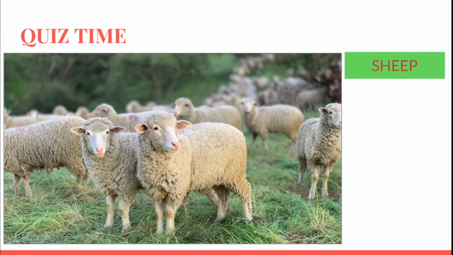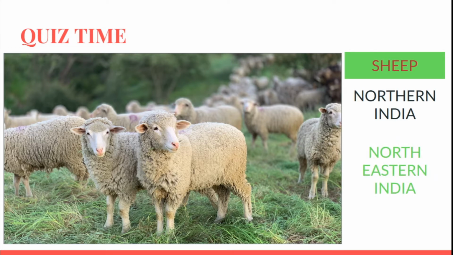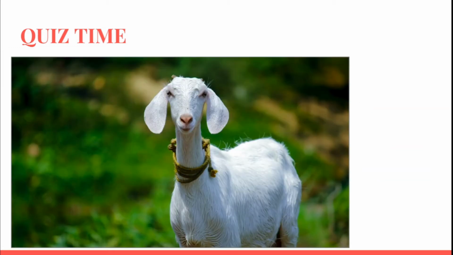Now this animal is sheep, and you find this animal in Haryana, Punjab, Himachal Pradesh, Jammu and Kashmir, and in some parts of northeastern India as well, for example Arunachal Pradesh and Sikkim. Okay, this one is goat.